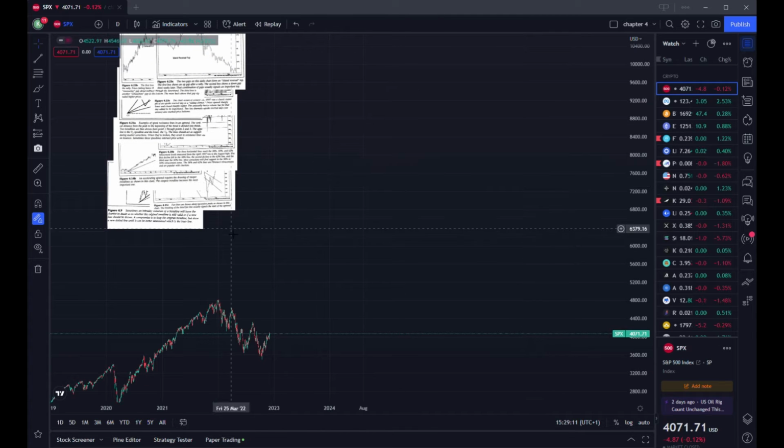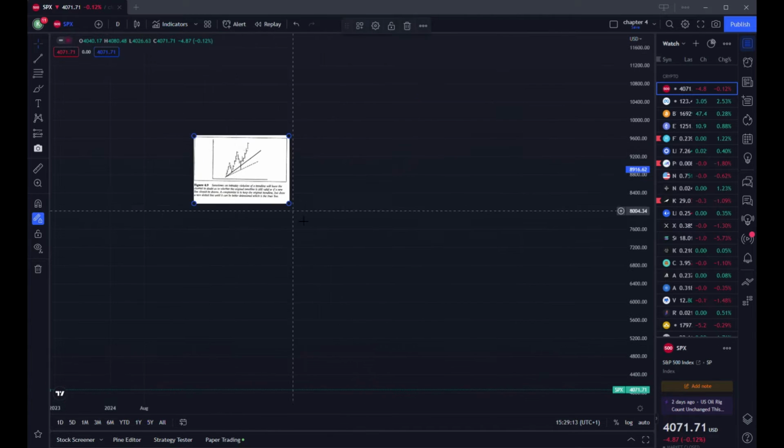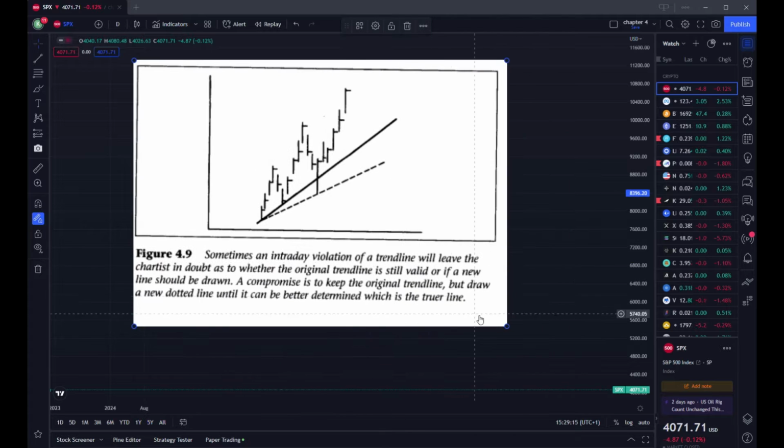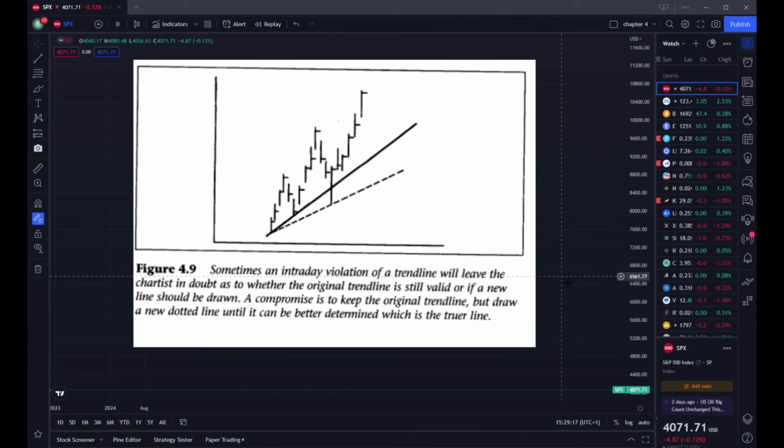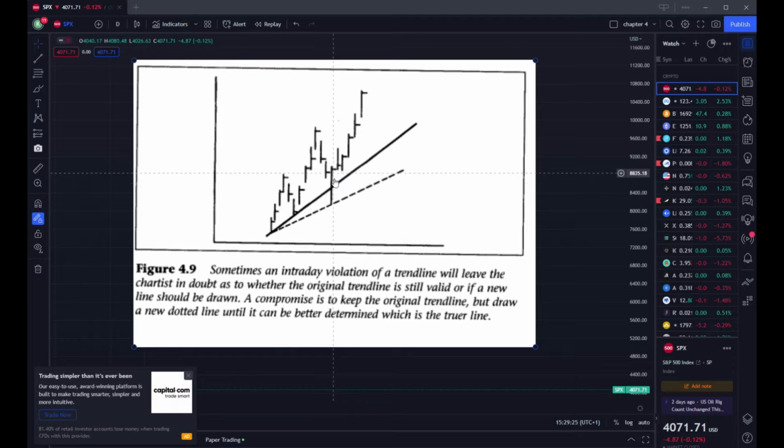It just happens. Let's go over to this one, which is kind of interesting because this is a way of dealing with an outlier of a trend. There was a lot of volume, and as you can see, the candle opened right here and went all the way down, but there was just a lot of volume on this day. The way to go about it is to draw a dotted line and not really have it as a trend line.